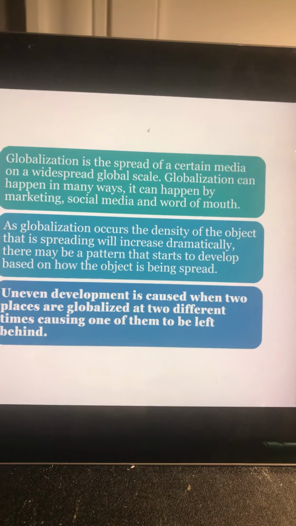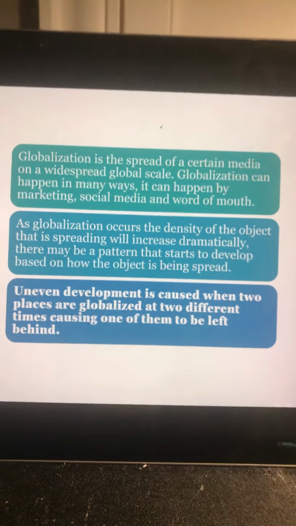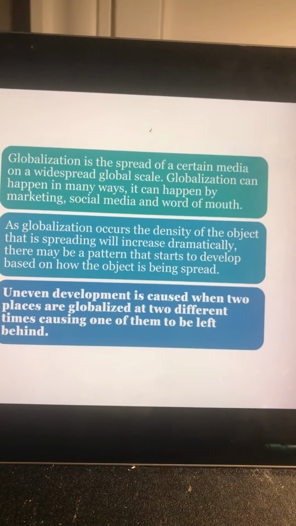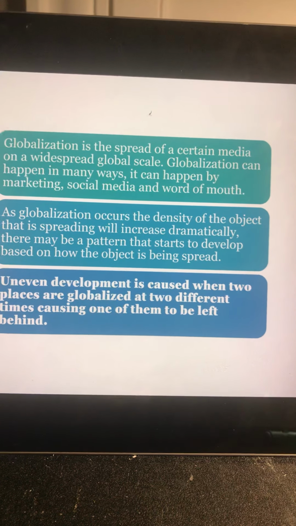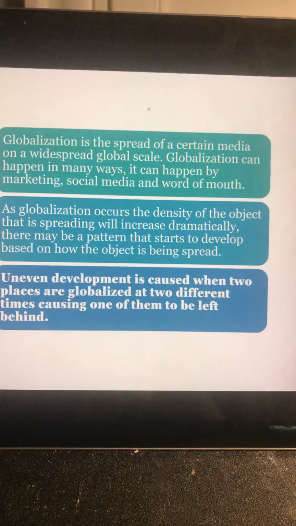As everything spreads, the density or the prevalence of the object you're trying to spread will increase dramatically. There may be a pattern that starts to develop based on how the object is spread. If the object is spread by word of mouth, it would be way more in one location, whereas if you spread it on social media, it would be far-reaching.